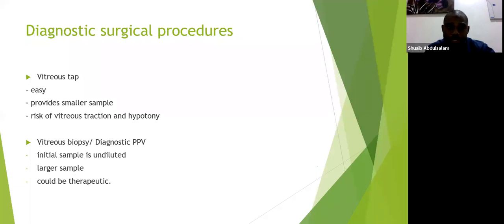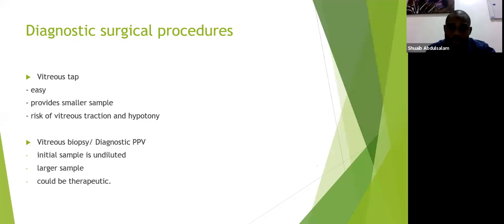Of course, it's easy to perform. You don't need much to do it. But usually it provides a very small sample because you can't take out much without causing hypotony in the eye. Then, because you're applying traction to the vitreous, there's a risk of retinal detachment and also hypotony.